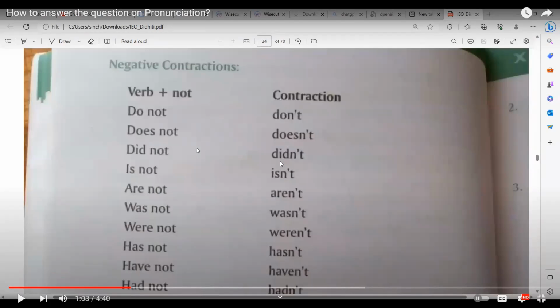Tuhin, tell me. Here O is omitted and we are writing it through an apostrophe. That is doesn't.